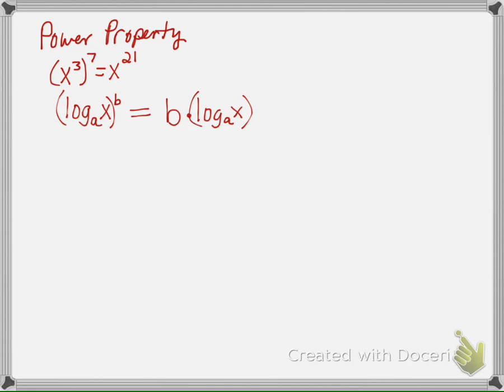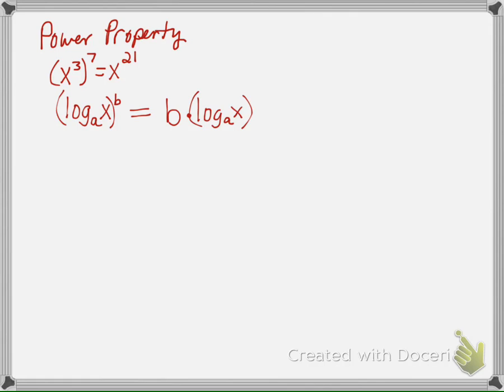That's what the property says you can do. Okay? That's the definition of the property that you see on your paper. But that's why it works. You're raising a power to a power. When we raise powers to powers, we multiply the exponents together. So we just simply bring the b exponent down front and we multiply those exponents together.